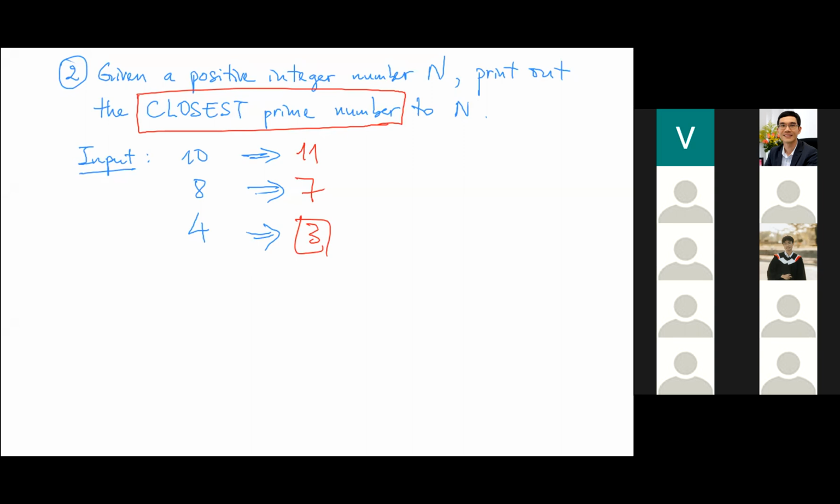So within the range of the biggest positive integer numbers in an int type. Okay, please, everyone, tick the yes when you have done. Using any kind of loop you like, while loop, do while loop, for loop, any.